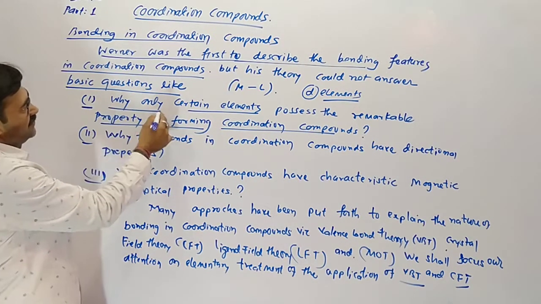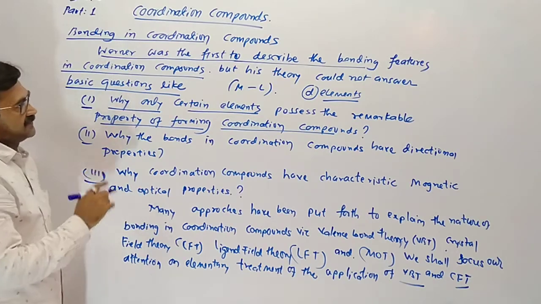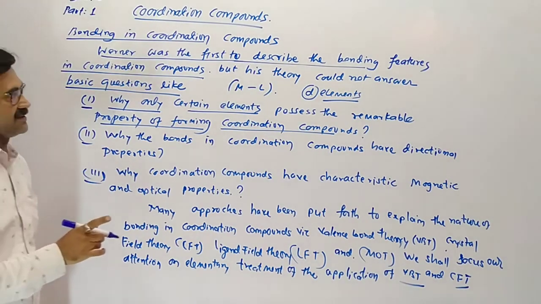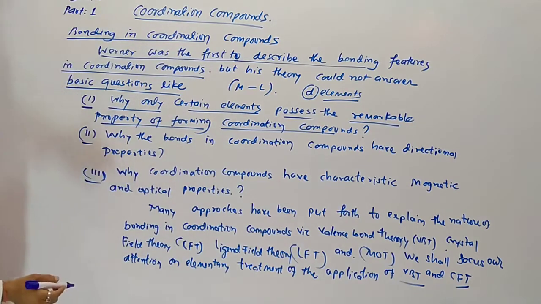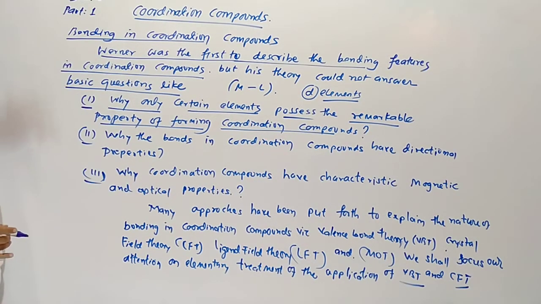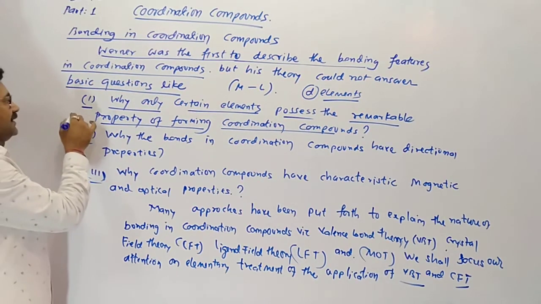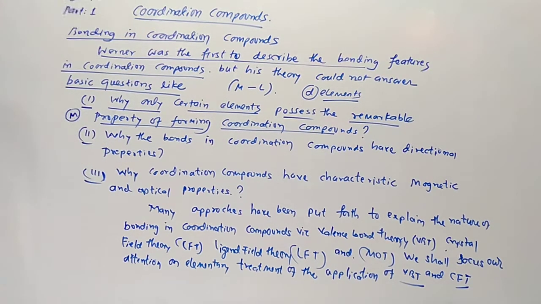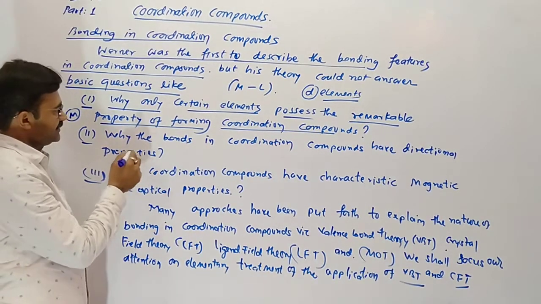So the answer is not clarified by Werner. Why only certain elements possess the remarkable property of forming coordination compound? That is, only some metals have the capacity to form coordination compounds, not all the elements. Why? There is a question.